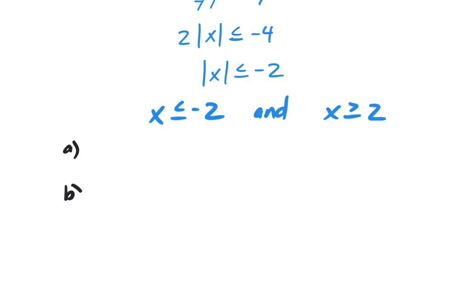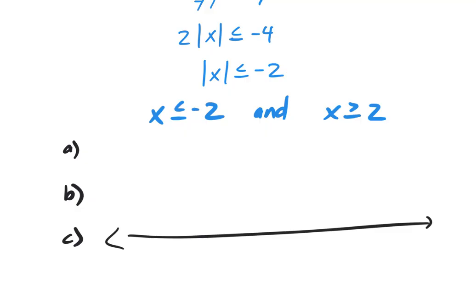And then we have A, B, and C. When I graph this one, they're going opposite, right? So if this was an or, it would be okay. But because it's an and, it's not okay. And so we have to decide what our answer is going to be.